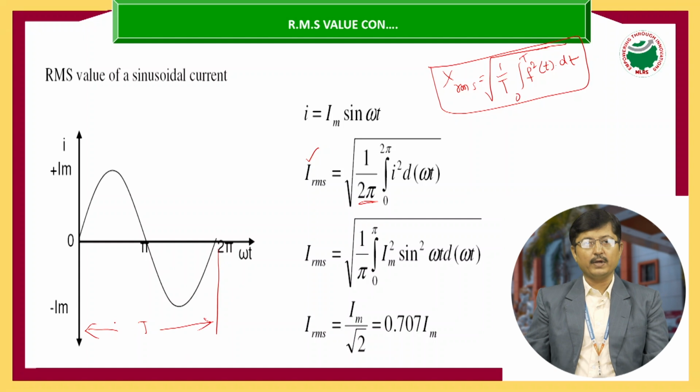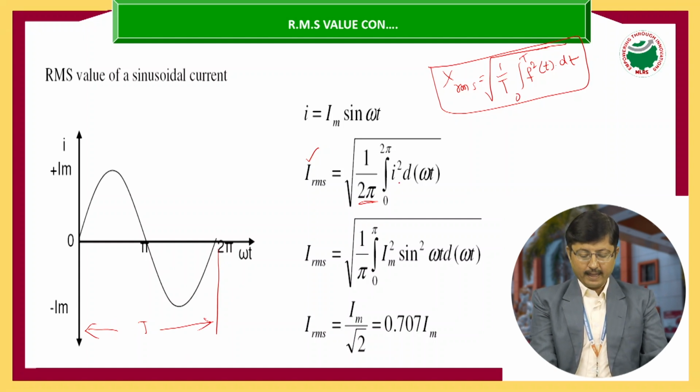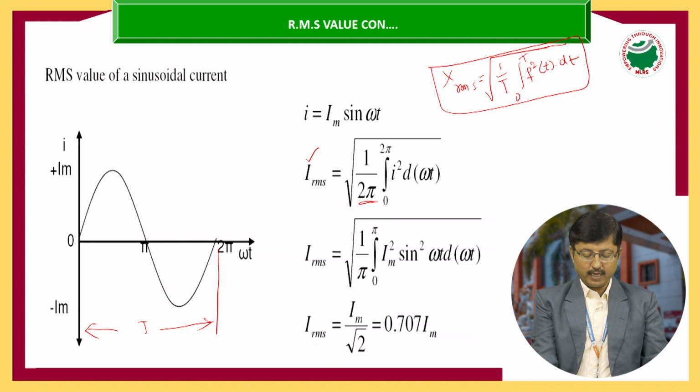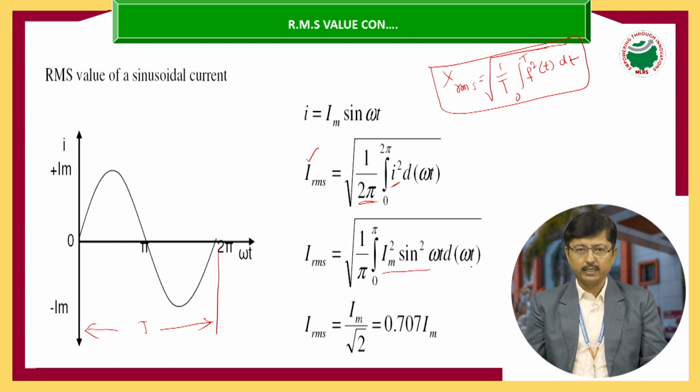For a total complete time period of 2 pi, the integral is from 0 to 2 pi of I squared into d omega t. Substituting the I value, we get I_m squared sin squared omega t into d omega t.